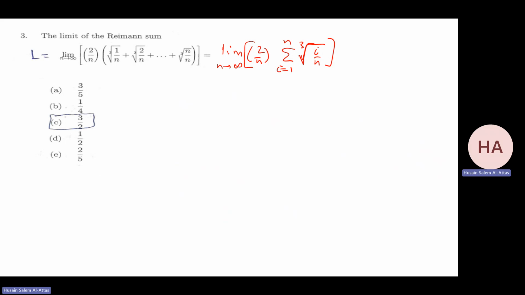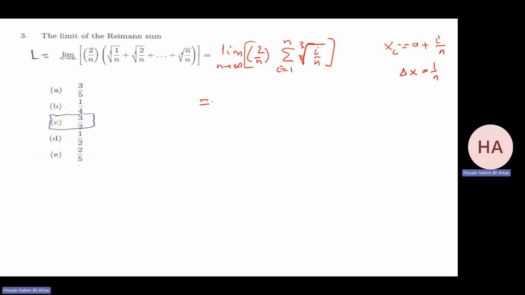Is it? Yeah. 1, 2, yes. Good. So that is what. Now I will put x_i equal 0 plus i over n and delta x 1 over n. Okay.